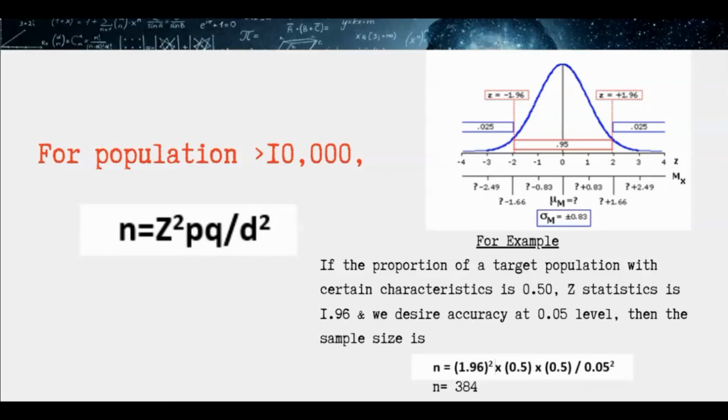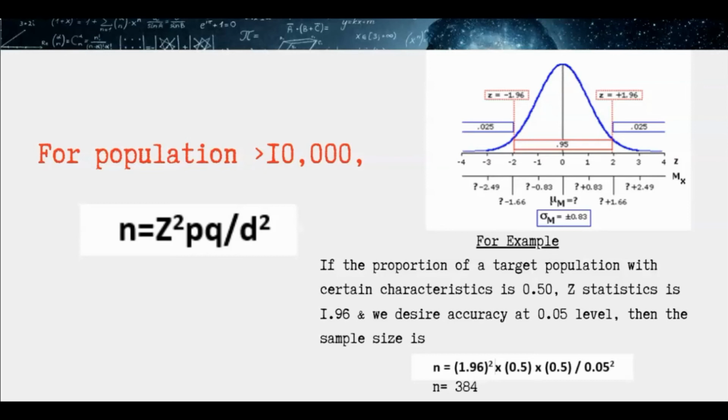P is the proportion in the target population estimated to have a particular characteristic. If there is no reasonable estimate, use 50%. Q is the proportion in the target population not having a particular characteristic. And D is the degree of accuracy required, usually set at 0.05 level.